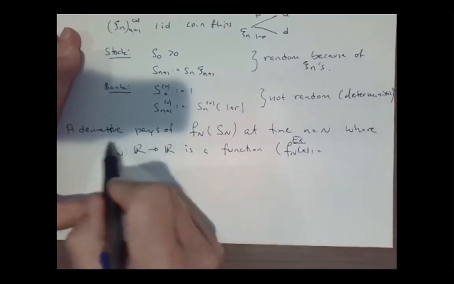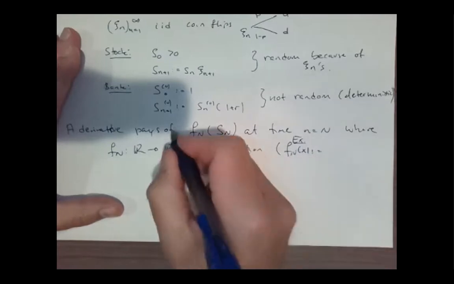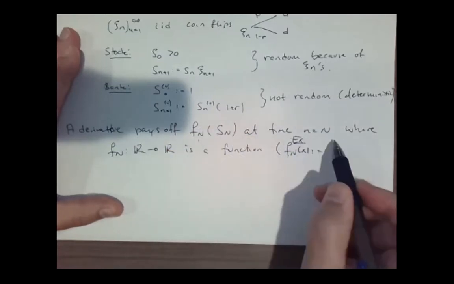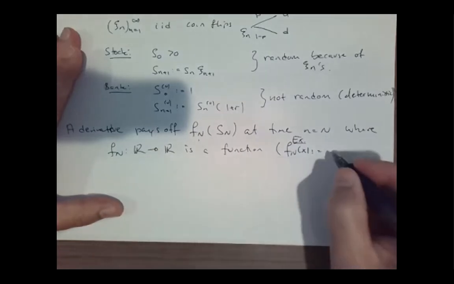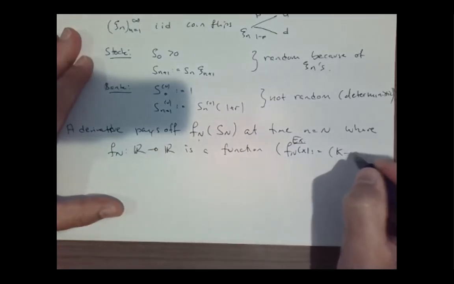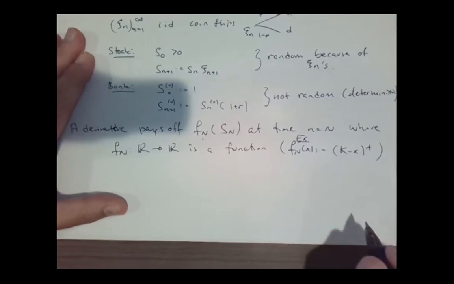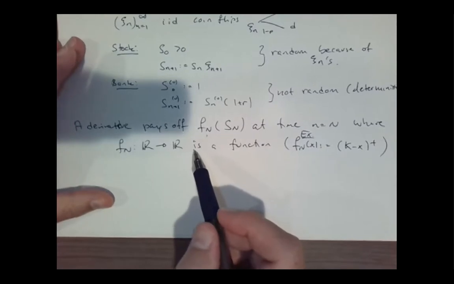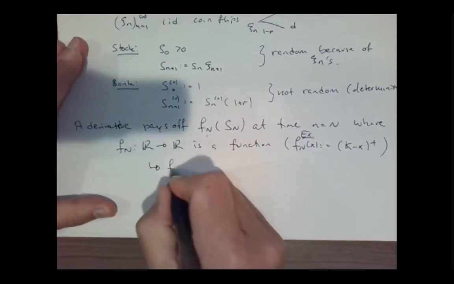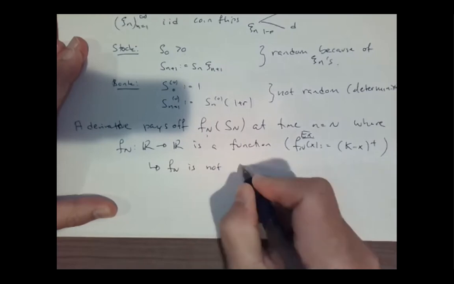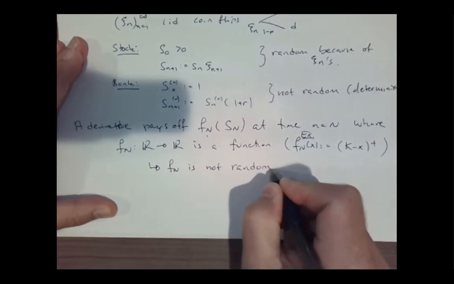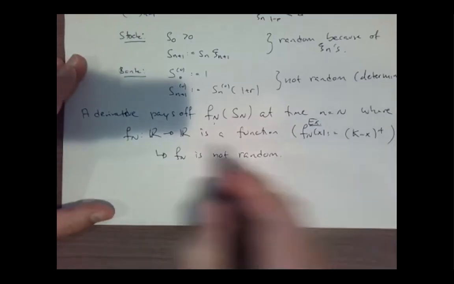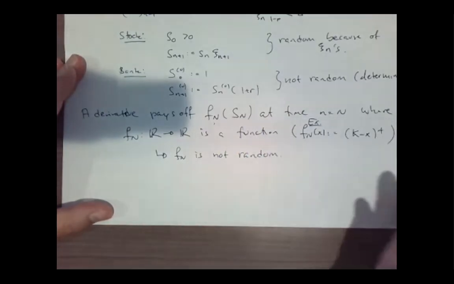Right, a derivative pays off Fn of Sn at time n, where Fn is some function, for example like a put. So there's nothing random about Fn. It's just a function. But then you compose it with Sn and you get a random variable.